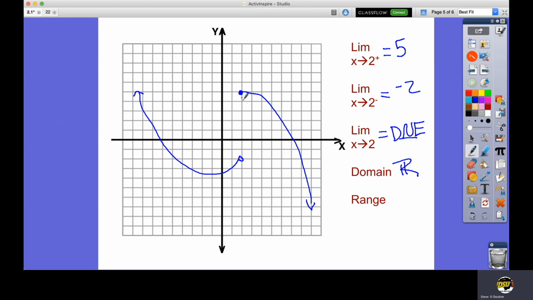For the range, it's the same concept. Yes, we have a hole here, but it also works there and there. So it would be all real numbers also. Remember how the book writes these for both of these: negative infinity to positive infinity.